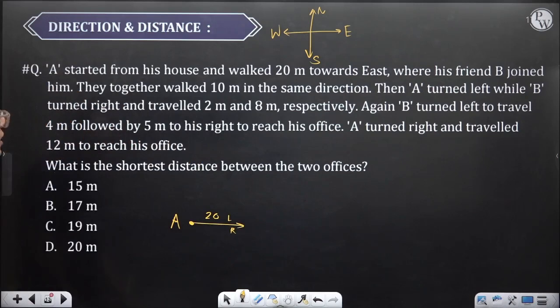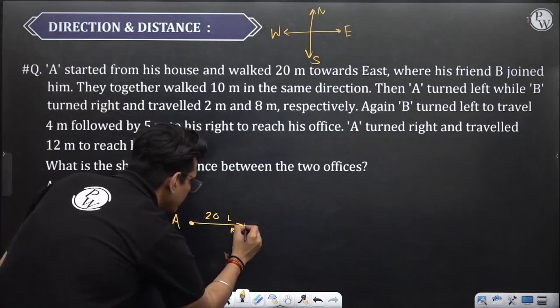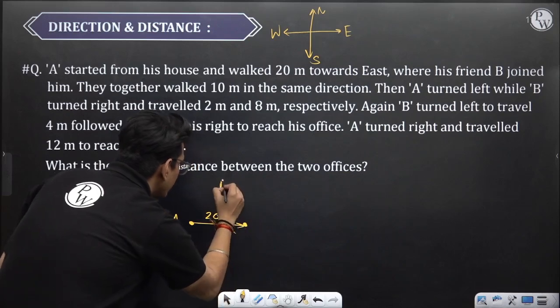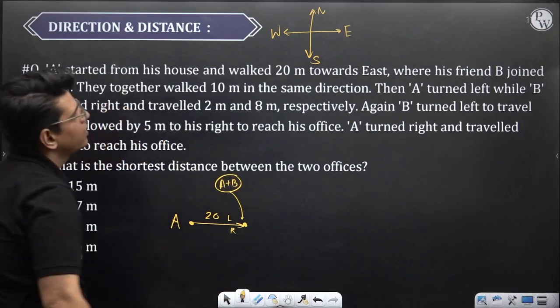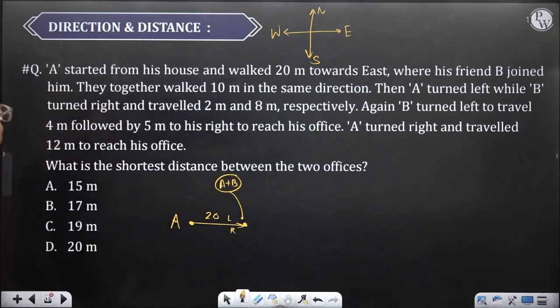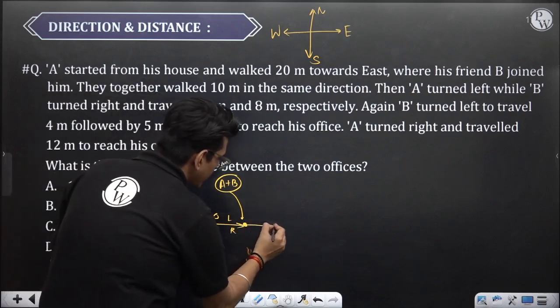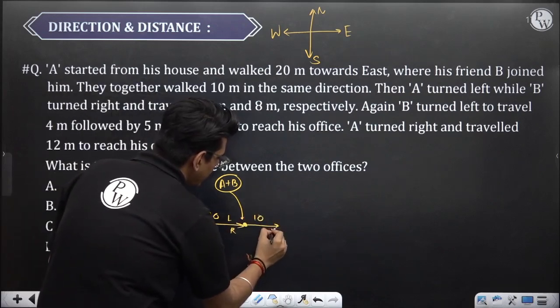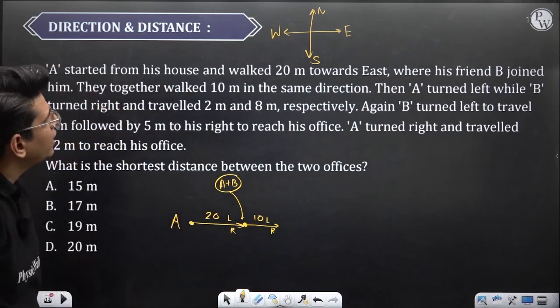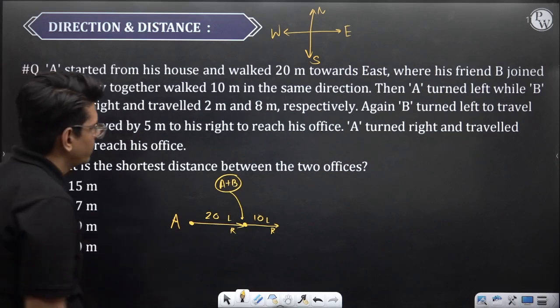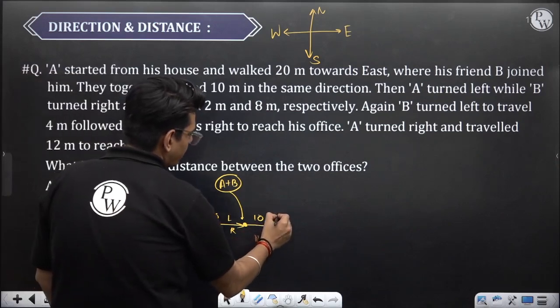Where his friend B joins. So from here we have A plus B. They together walked 10 meters. Again 10 meters. After this point, A turned to left.